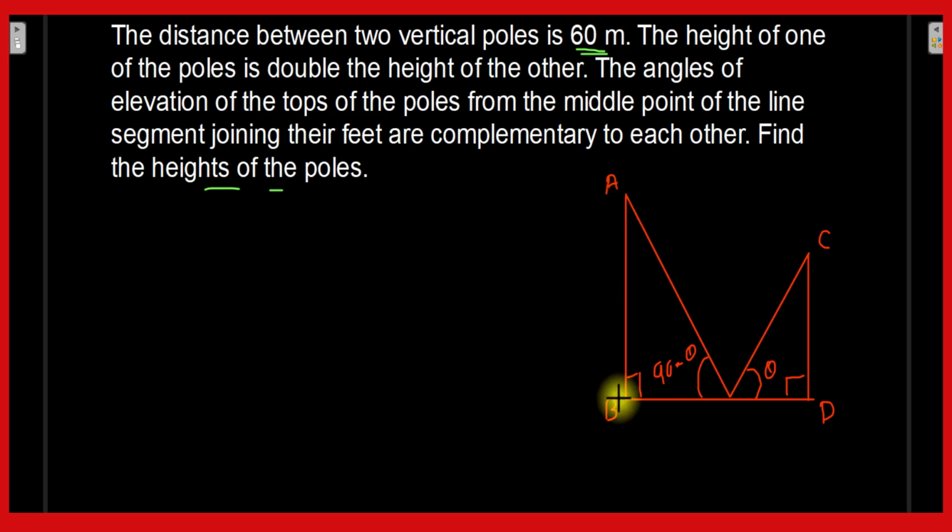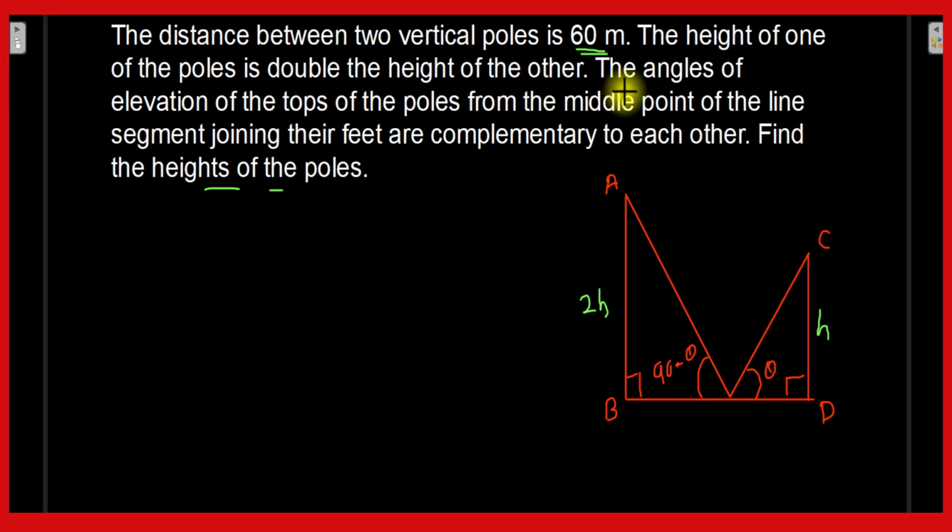Friends, here there are two poles, AB and CD, and the relation between these two poles is that the height of one is twice that of the other. So if this is of height h, then the height of the pole AB will be 2h.